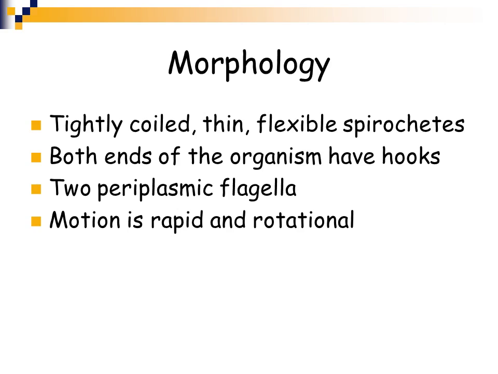So they don't have that projection that's flying out from the bacteria that whips around that allows movement. This flagellum is within the periplasm of the organism, and it flexes and allows the spirochete to flex and move.